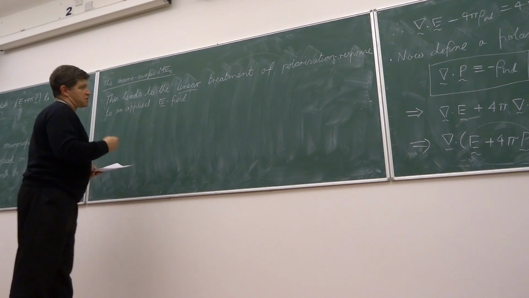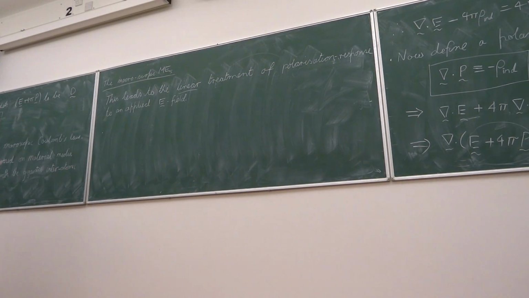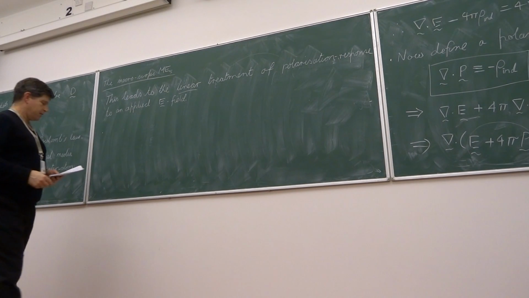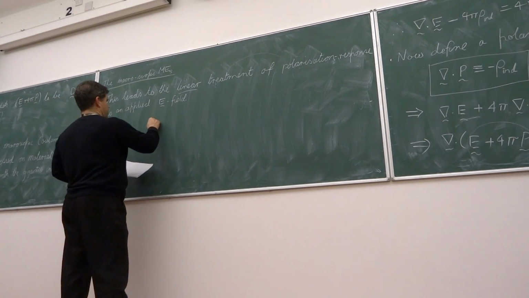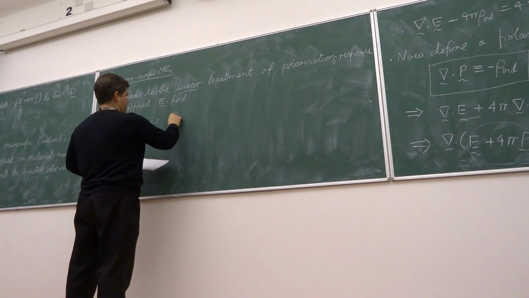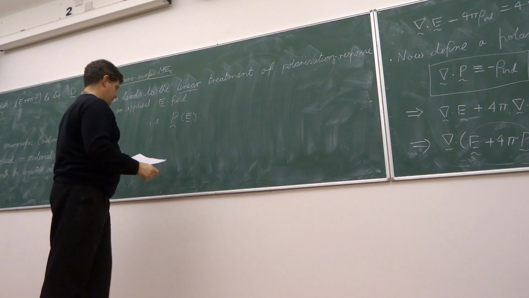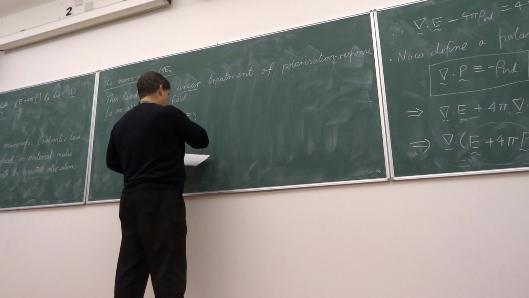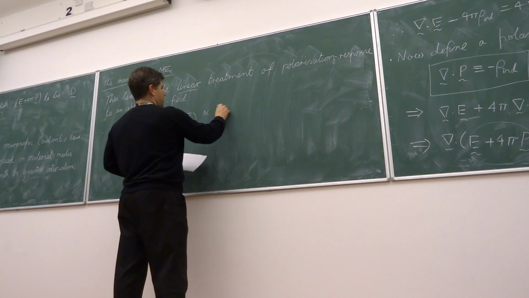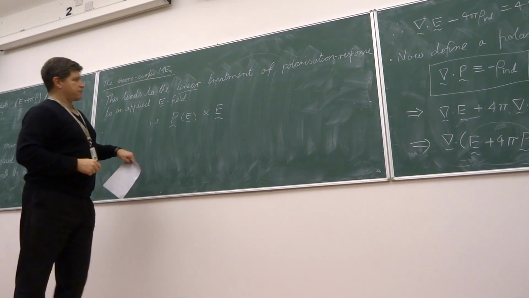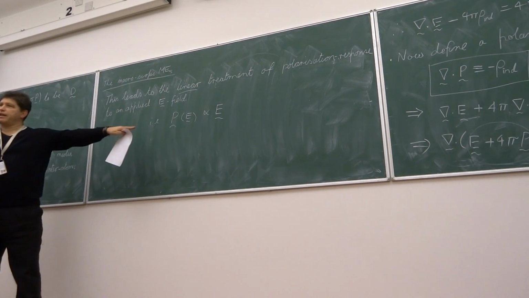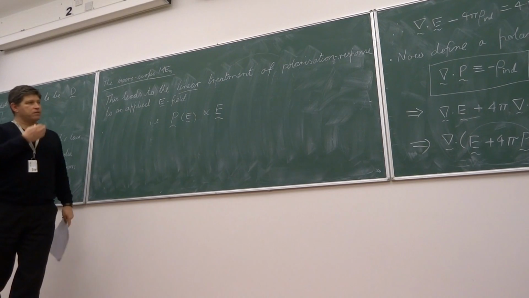And that introduces us to a new symbol that you often come across when reading this literature. The polarization, which is a vector itself, as a function of another vector, the electric field, is going to be proportional to the magnitude of that electric field. So it's a simple proportionality. It's a linear response.